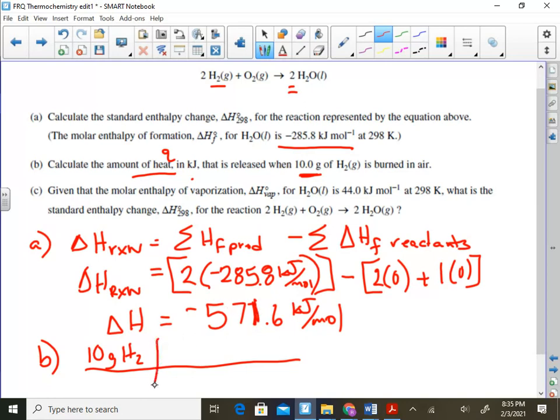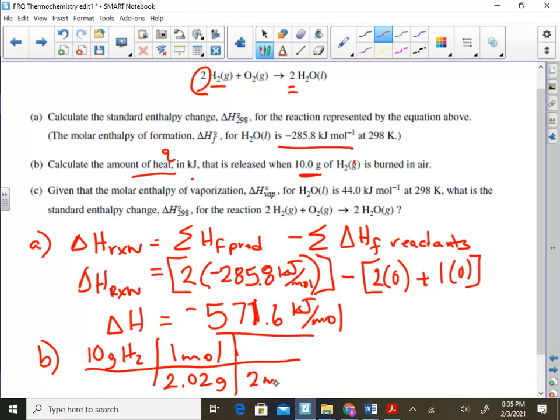And so if I can get this to moles, this is 2.02 grams for every 1 mole. Now looking at that reaction for hydrogen, for every 2 moles that react, this is what I produce in heat.